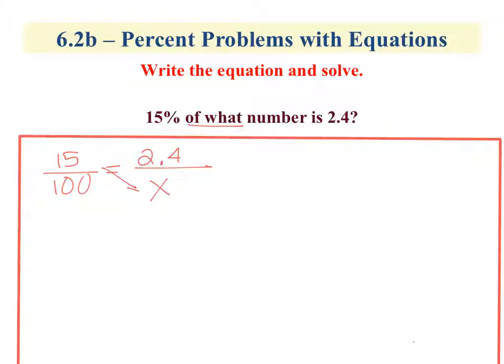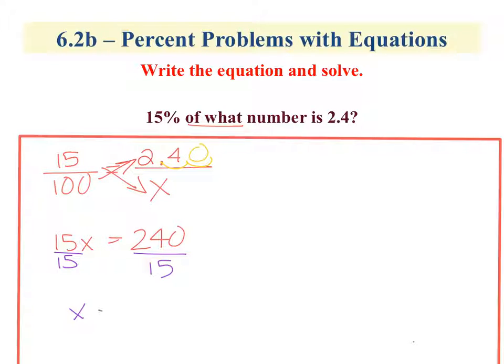You would cross multiply and you would get 15x is equal to, when you multiply by 100, you move the decimal 2 to the right, that's 240. Then you would divide by 15.